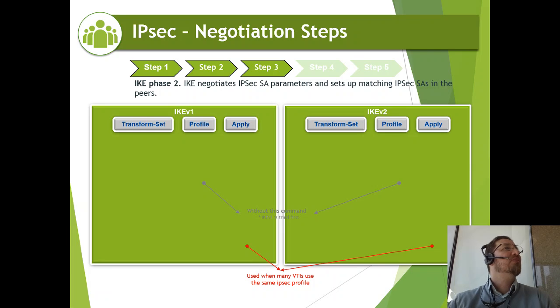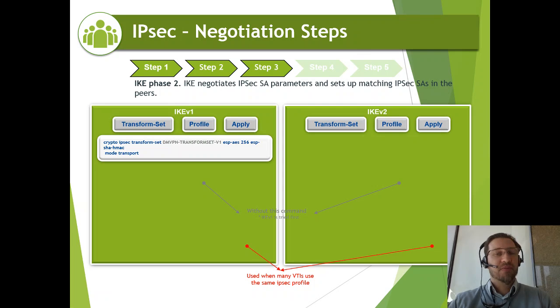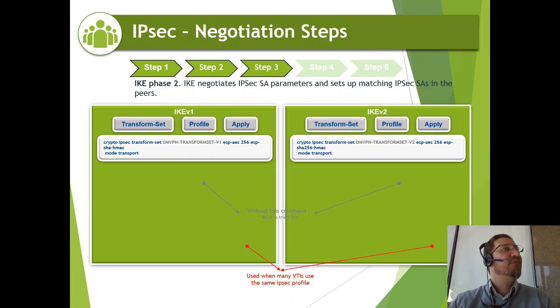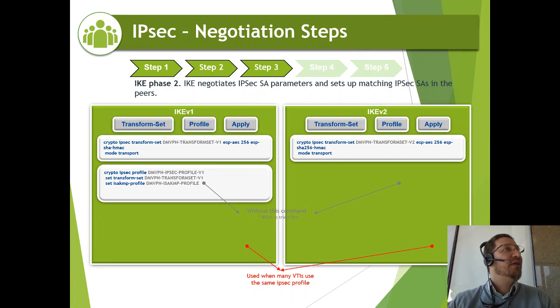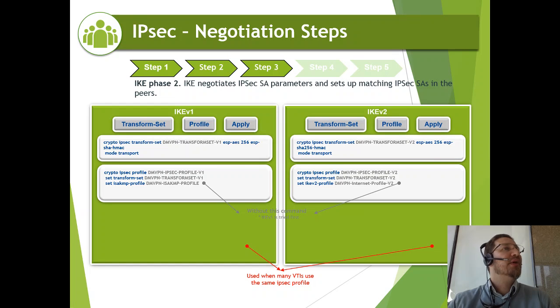After phase one, we have phase two here: the transform set that should be used, and the IPsec profile. Take a look at the last command, set ISAKMP profile.